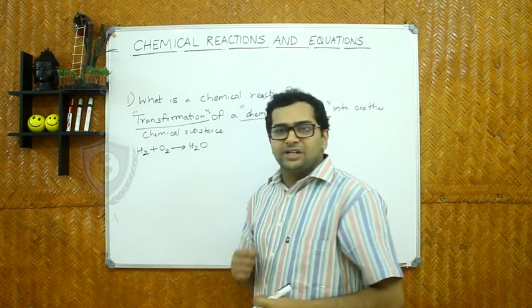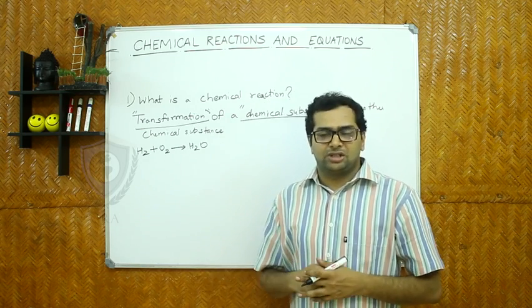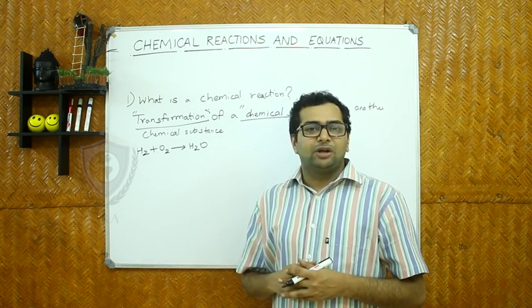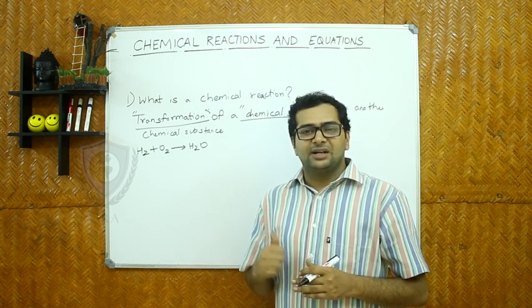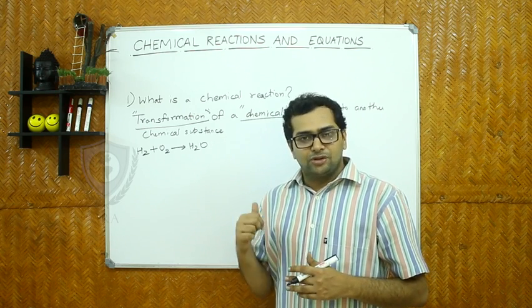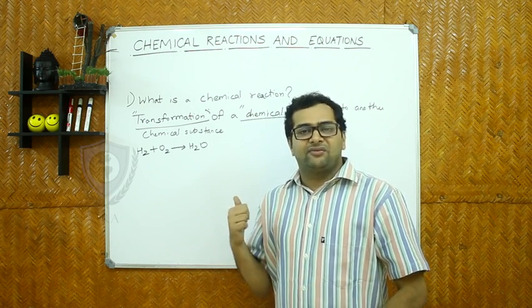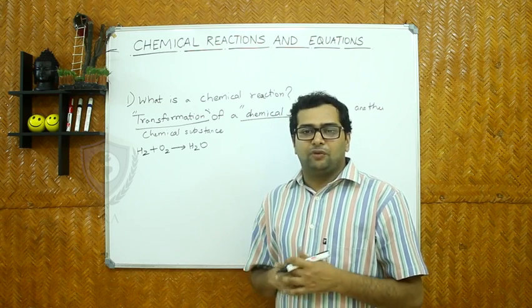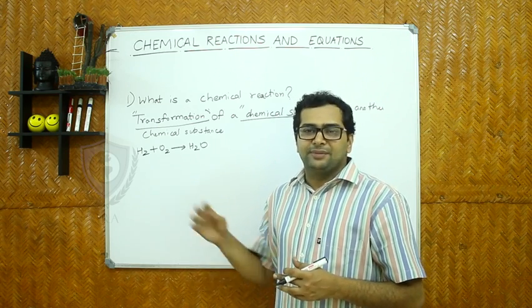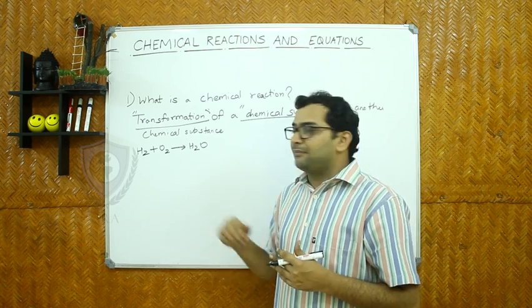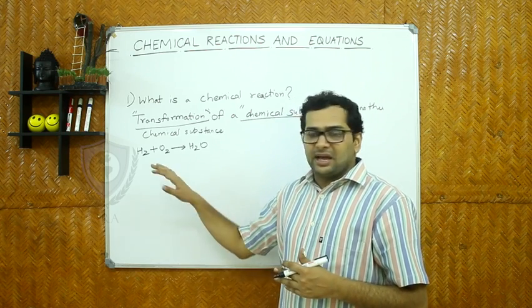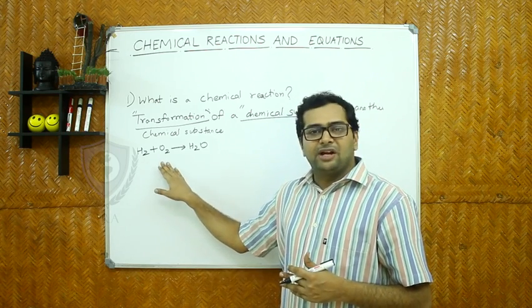If we look at the properties of hydrogen and oxygen and the properties of water, we will see that the physical and chemical properties of hydrogen and oxygen are very different from the properties of water.